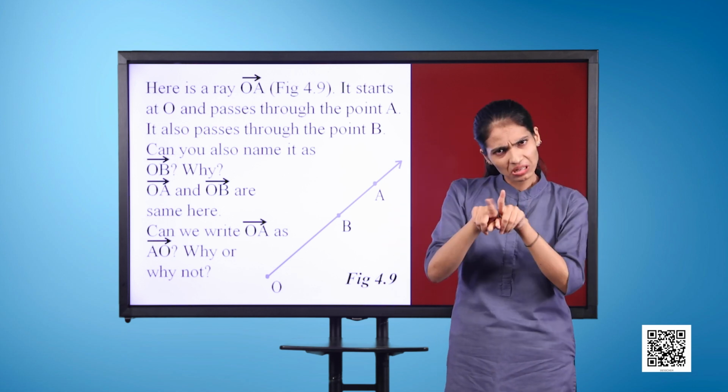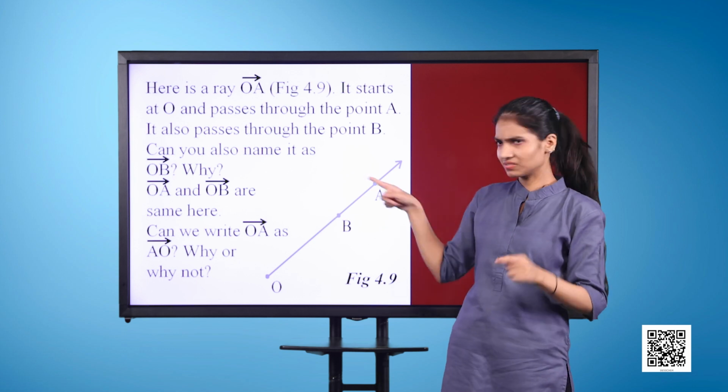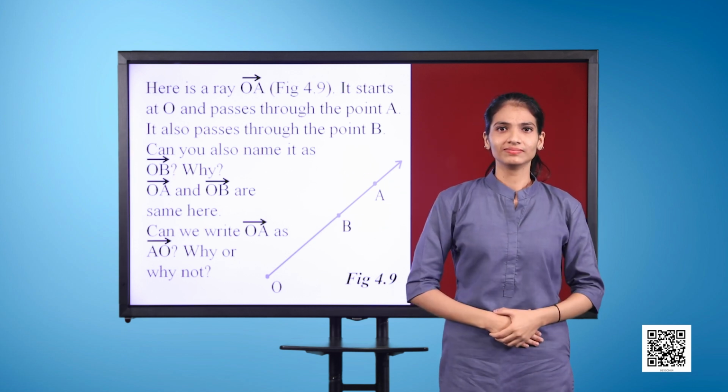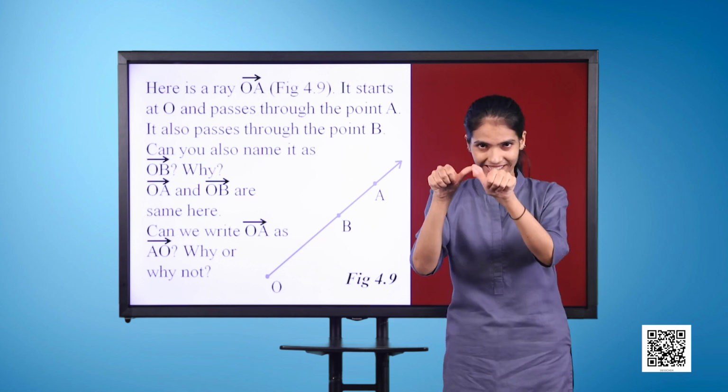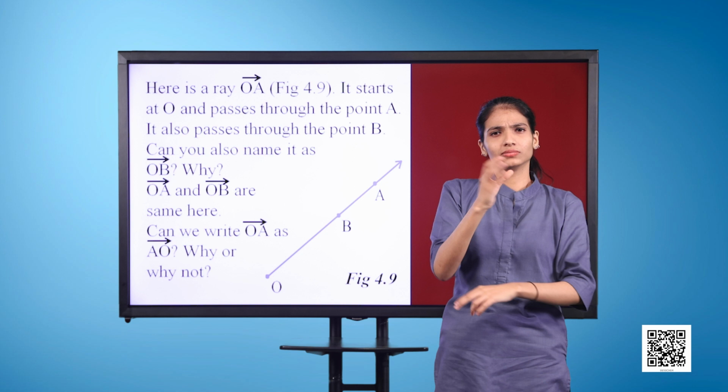Why? OA and OB are same here. Can we write OA as AO? Why or why not?